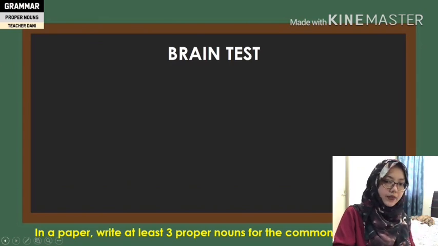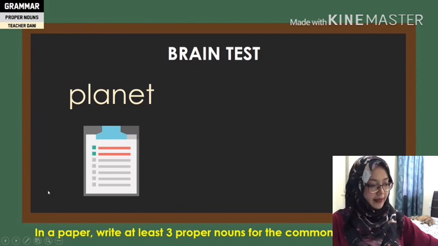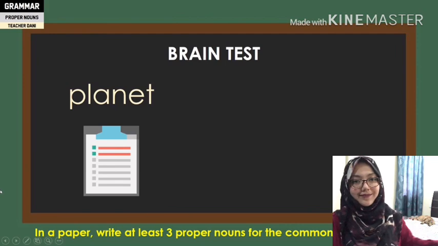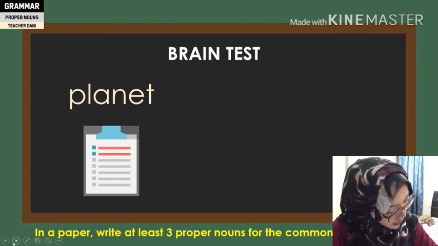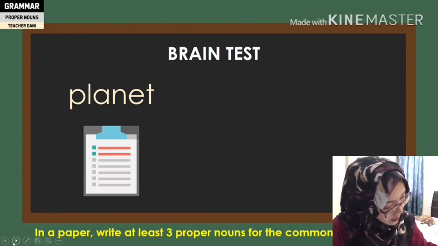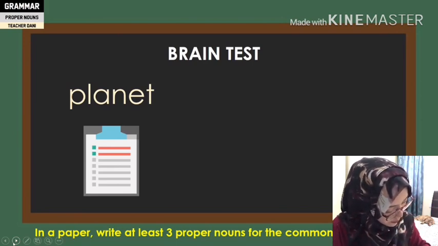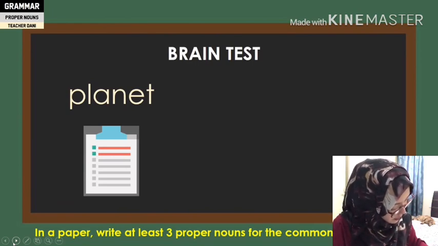Okay, let's look at the second test. The second test category will be planet. Okay, are you ready? Do you have your paper? Let's start writing it now. Okay, so I'm thinking of this one, and the last one is this.